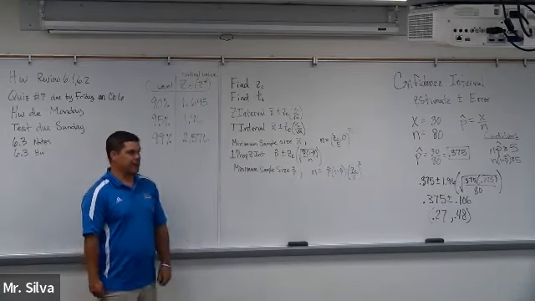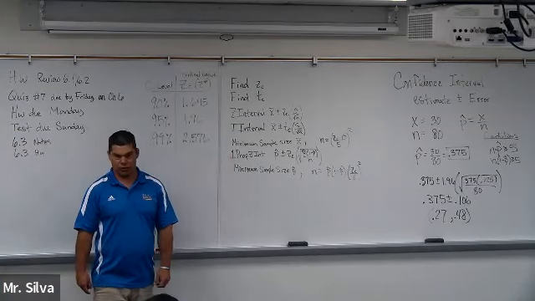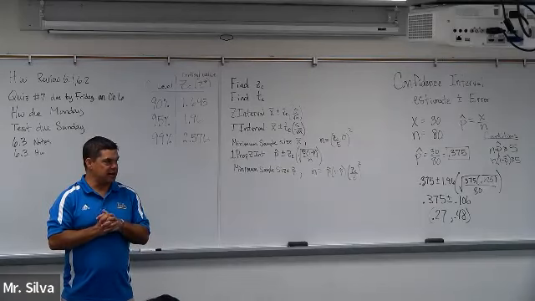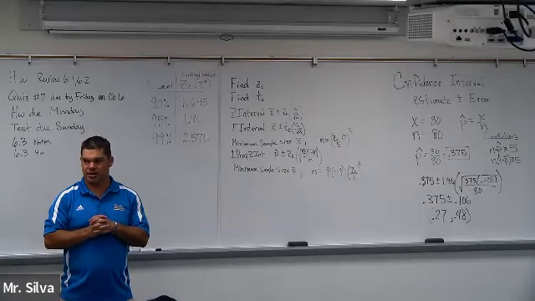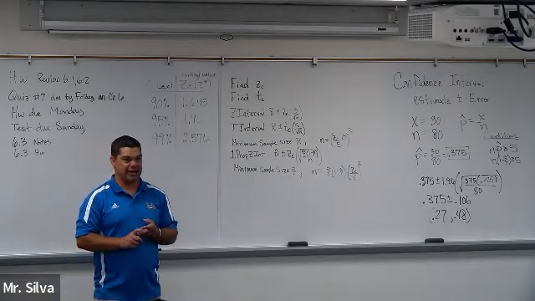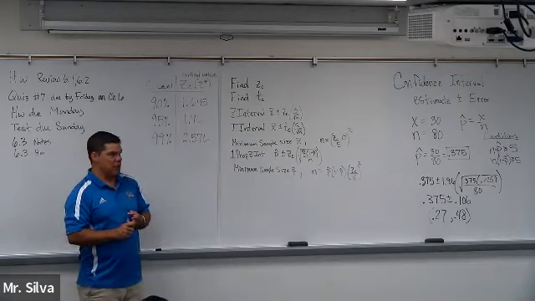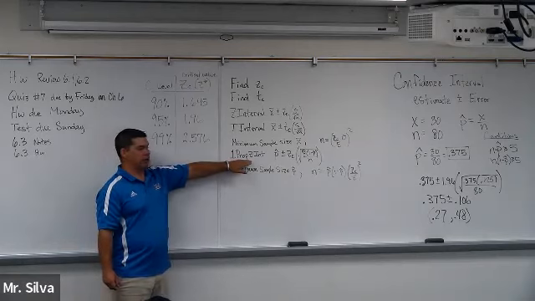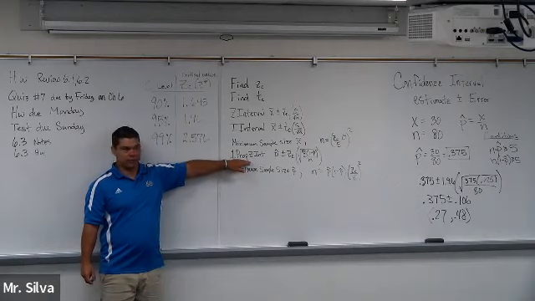I think we have a tool to be able to do this, okay? We're going to check this on our calculator because yes, we can do it on our calculator. We have a Z interval, we have a T interval. This is an interval for proportions. We only have one proportion. There's a 2 proportion, but here's the function right here.